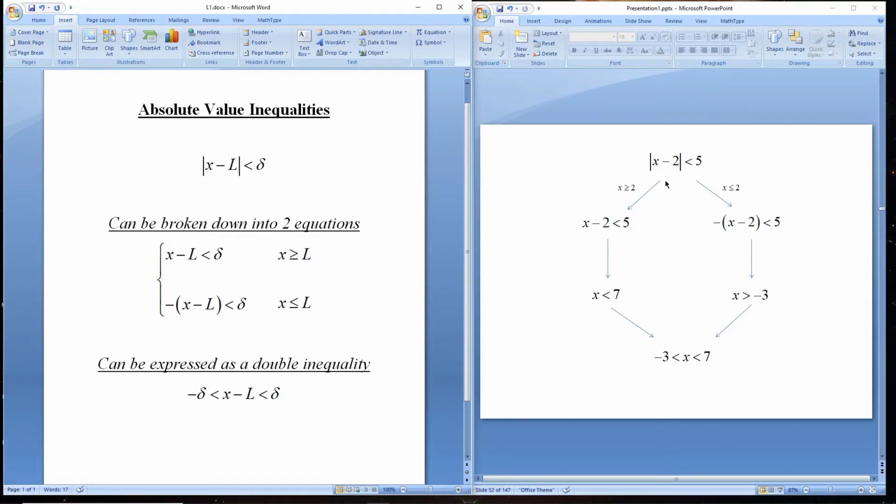Now, I do want to mention really fast, looking at the right sides here, depending on how you've learned absolute values, I know some teachers have said that when you solve absolute values, you put the minus sign on the 5 here, and that's only true if you have an equal sign. And technically, the minus sign is always connected with the absolute value.